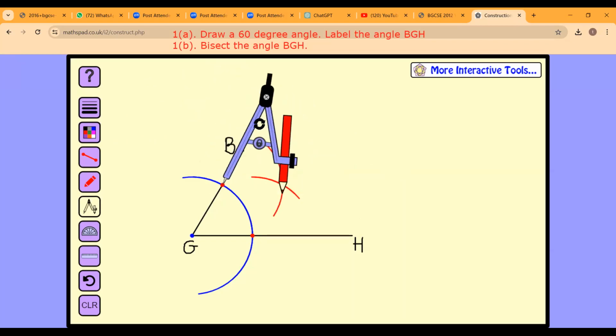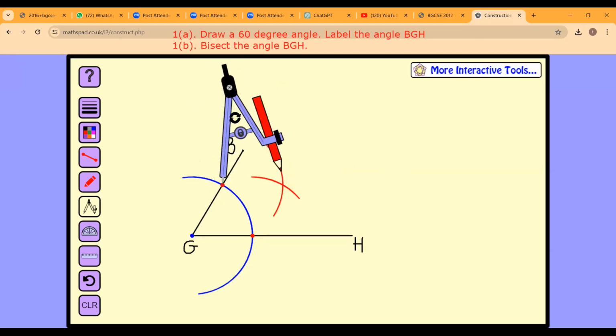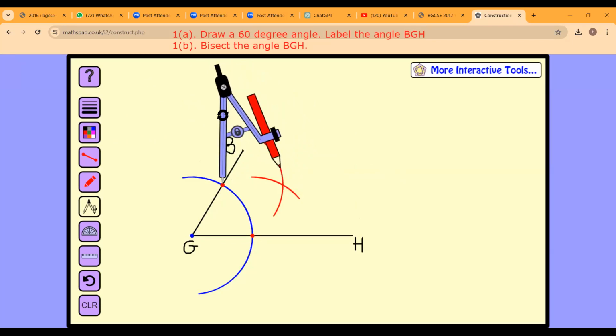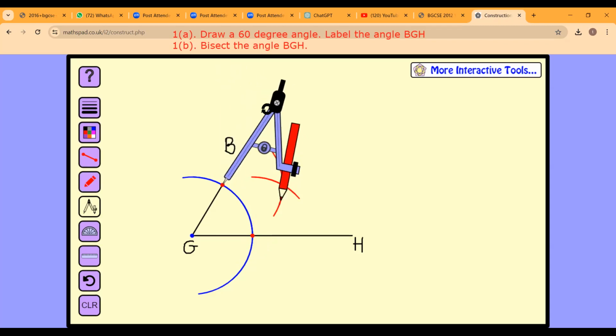Again, we draw the first blue arc, then we redraw the second one like so, and then we draw the third one using the compass.